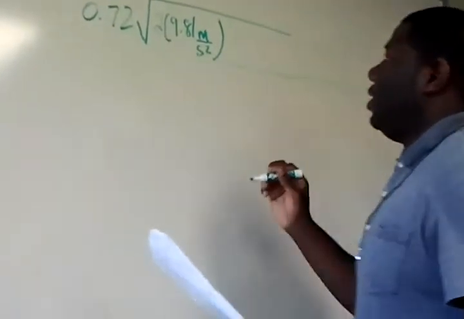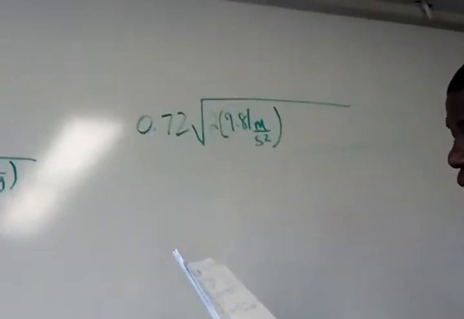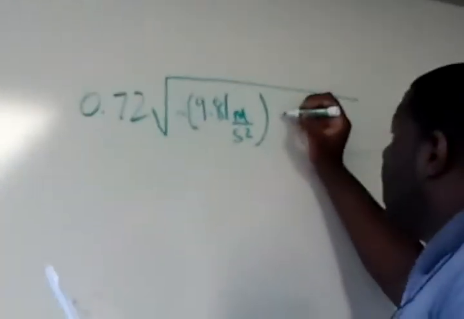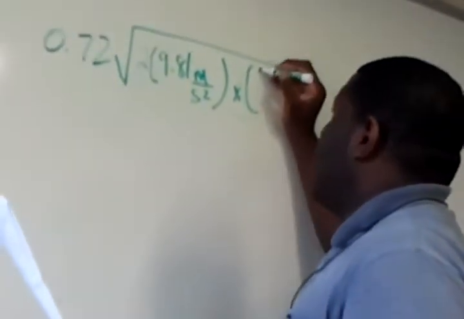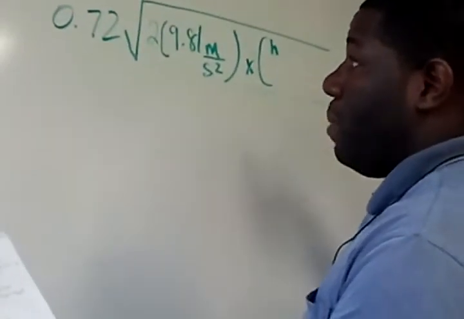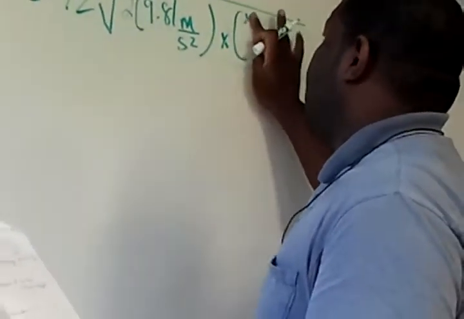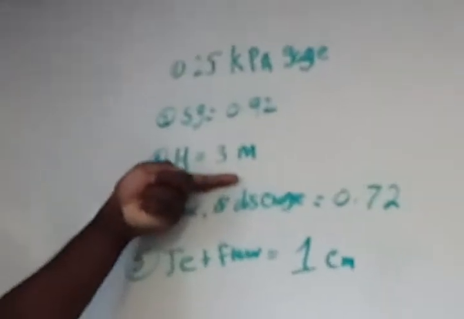Can you see that? Yeah. And then we're also going to multiply that by height, and we all know what the height is right over here. The height is 3 meters.